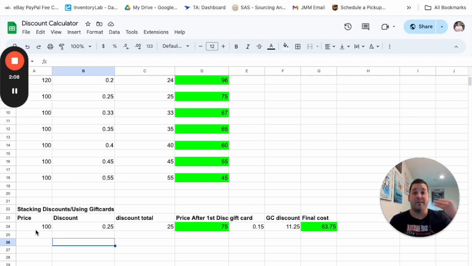After the first 20% comes off, you save 10% on the next. So if the shoes were $100, you got 20% off, that would be $80. And then you take the 10% off the $80 because that's the true buy cost. So this calculator allows you to do that.